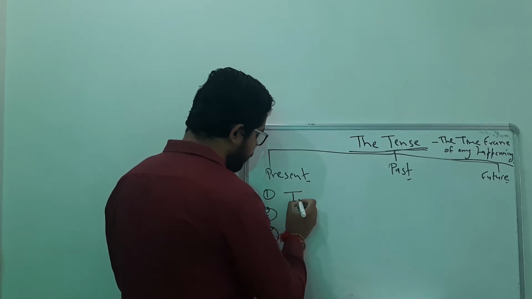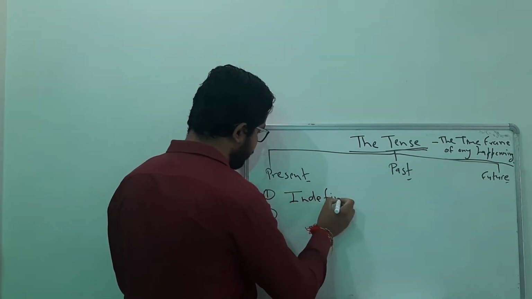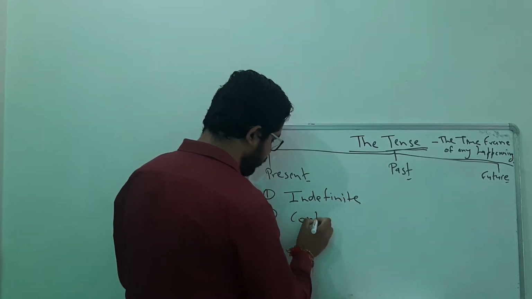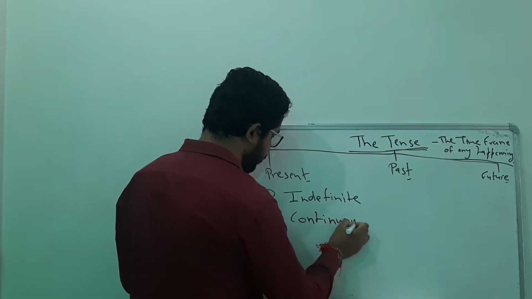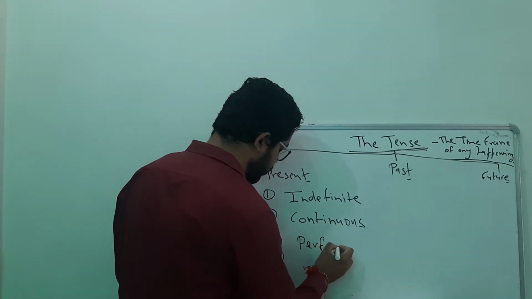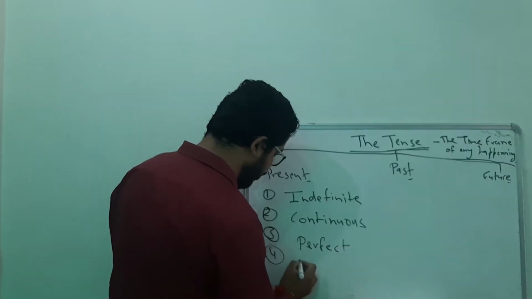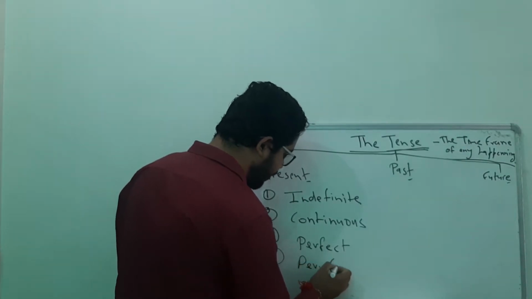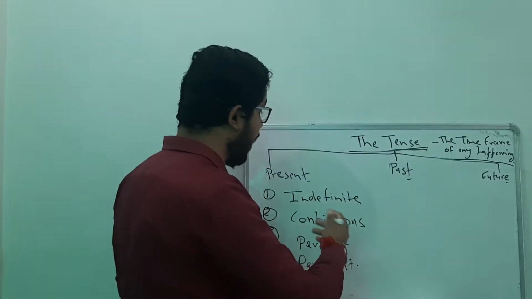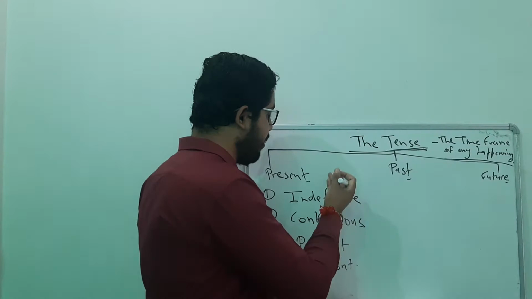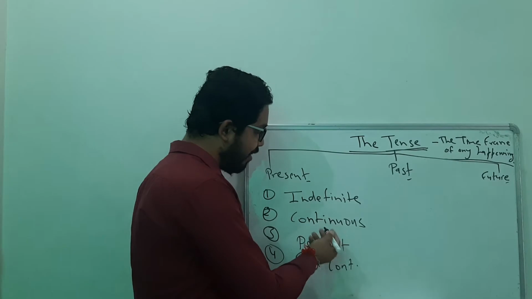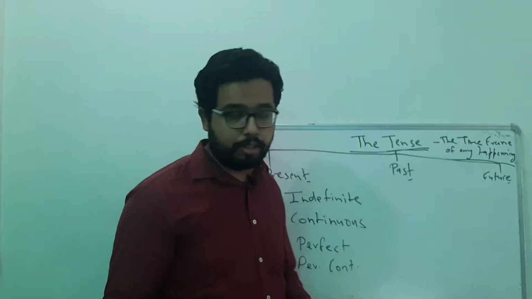The first one was indefinite, second continuous, third perfect, and fourth perfect continuous. Coincidentally, they all gave their children the same names: indefinite, continuous, perfect and perfect continuous, right?